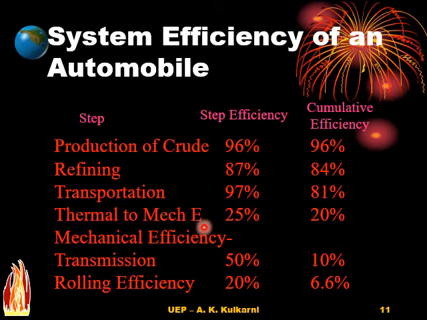Then thermal to mechanical energy, so we need to convert the energy now. After that, the mechanical efficiency of the transmission, and the efficiency is 10%. What this basically means is that from the point of production of crude oil to the momentum of the vehicle, these are the various efficiencies we have. The efficiency keeps on decreasing until we reach the momentum of the vehicle.